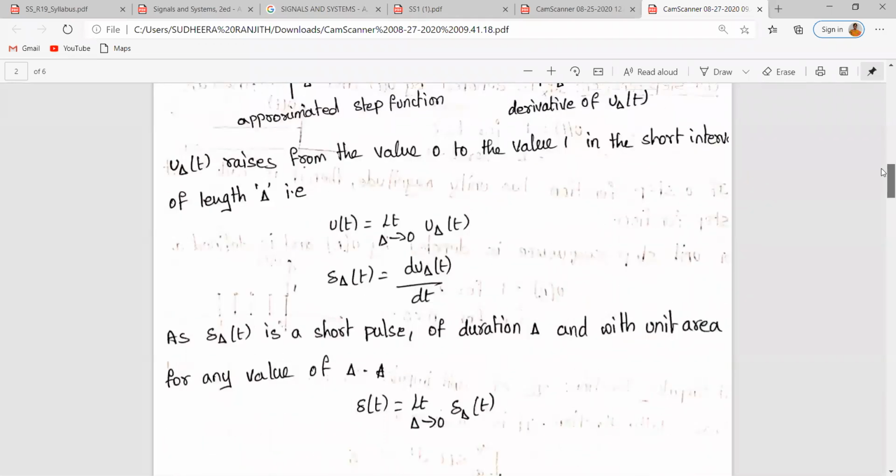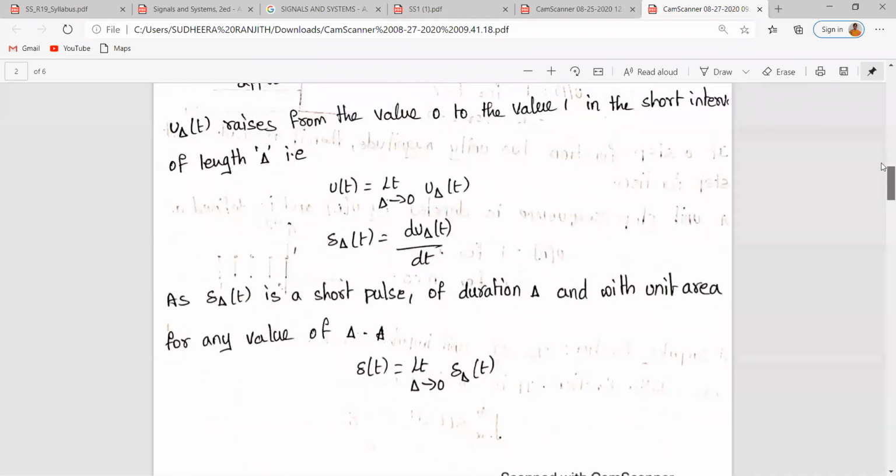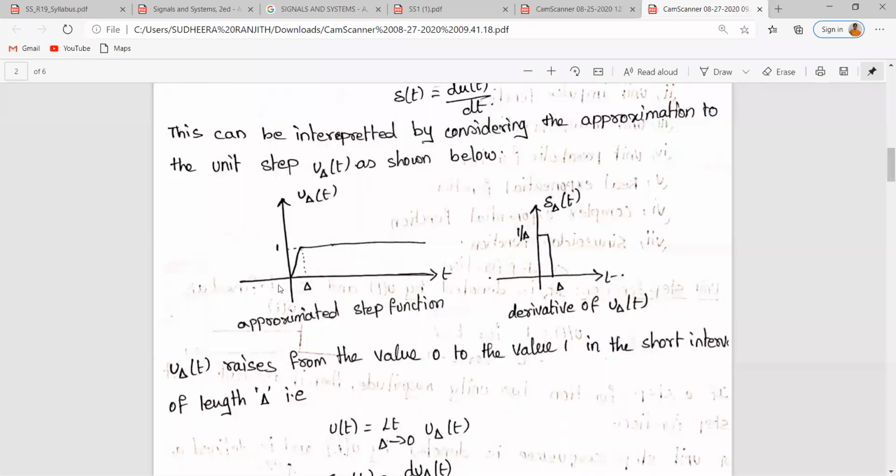So see, what are we saying: this will approach the ideal version only when delta is equal to 0. Suppose delta is equal to 0. If we consider delta equal to 0 here, what will happen? This pulse will have 0 width and infinite magnitude, isn't it?